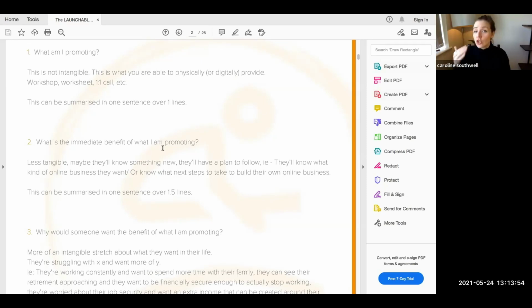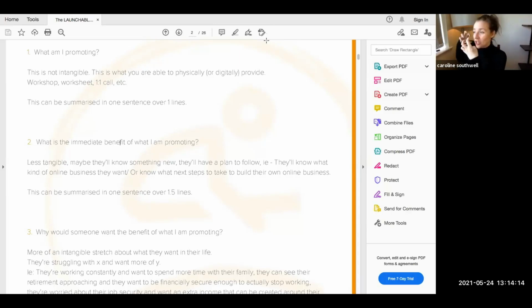It is super important, and it's what all big ad agencies will tell you to do. But I think they presume that you know exactly what you're promoting and what those elements are.